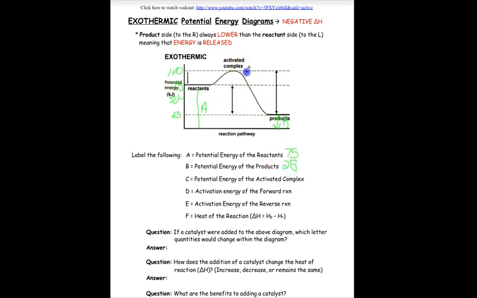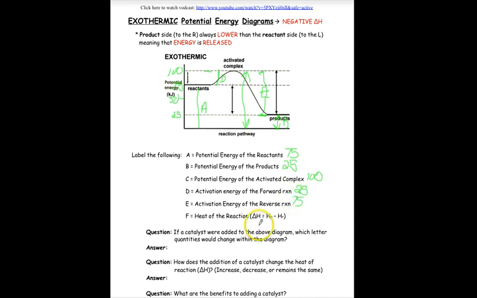The activated complex is this whole section here. That's going to be the entire height, which in this case is only 100. The forward reaction activation energy is the hill that you have to climb, which is only this hill right here. So this is D. This is only going to be 25. This is the hill you have to climb for the reverse reaction. That's E. That is going to be from 25 to 100, that's 75.